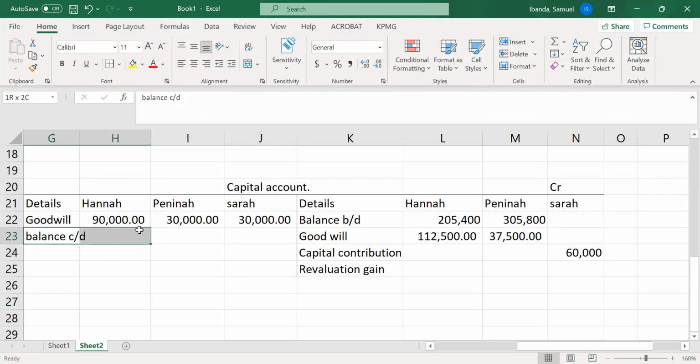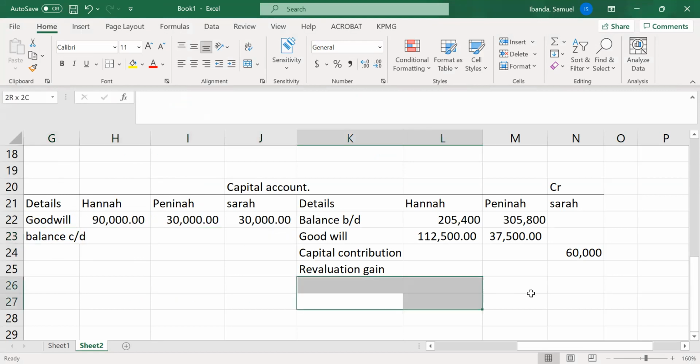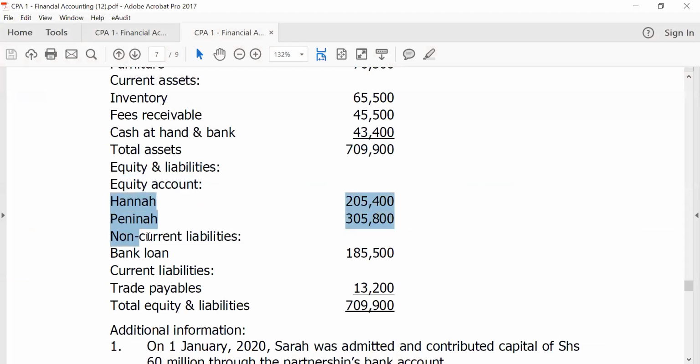Remember, as it's balance carried down here, it will be balance brought down on this other side, because capital has a normal credit balance. So you put your capital balances here. Non-current liabilities does not change. You have the bank loan there as it is. Trade payables has not changed, and you think we'll be able to balance.